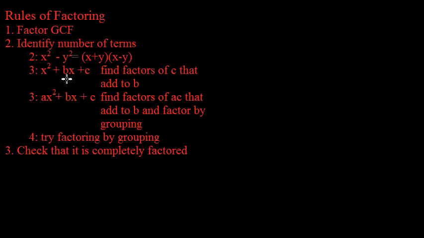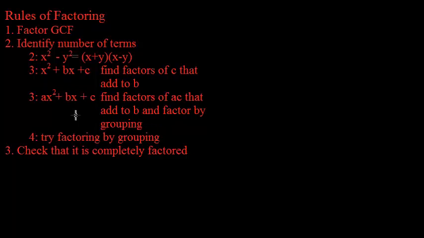Those then will be the last two terms in my two binomials. Then if I have three terms and I have a coefficient in front of my x squared, so something other than 1, I want to find factors of ac, right, multiplying a times c, so factors of that add up to my middle term. And then I factor by grouping.